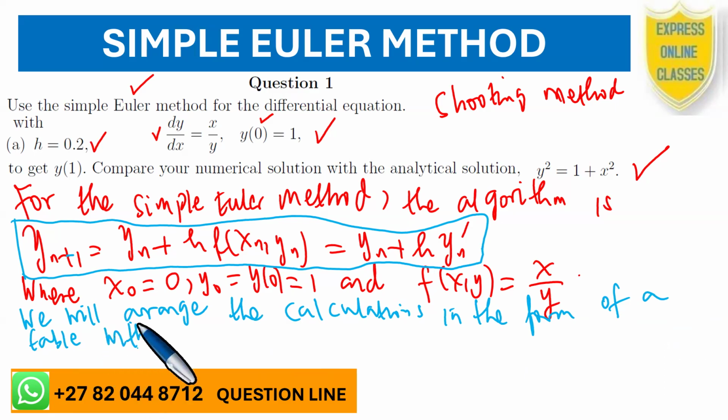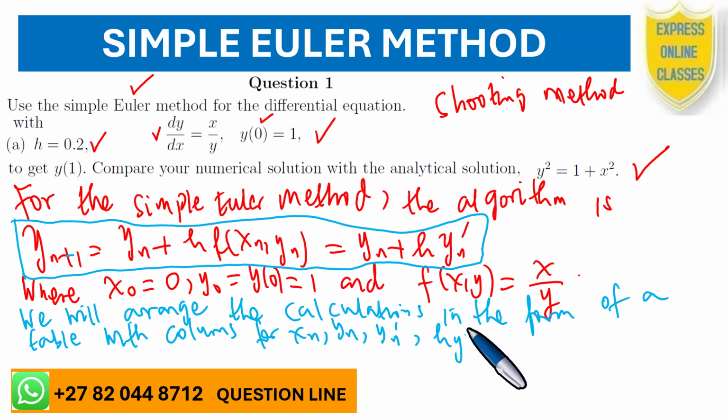We'll arrange the calculation in the form of a table, with columns for x sub n, y sub n, and y n prime.